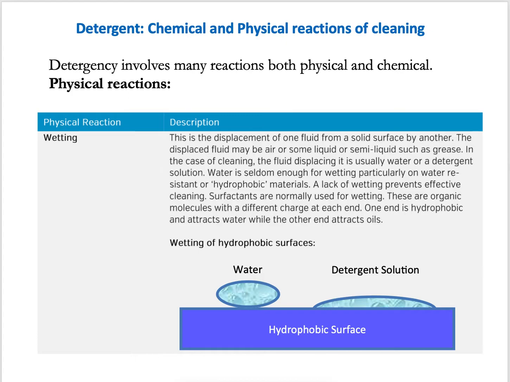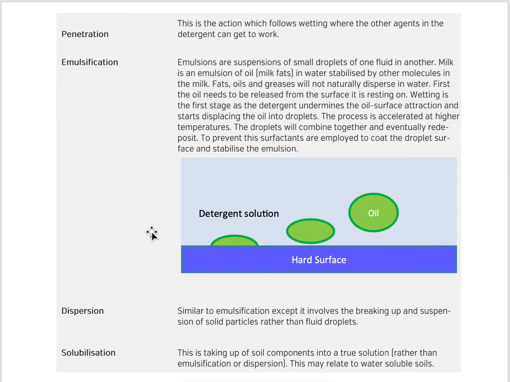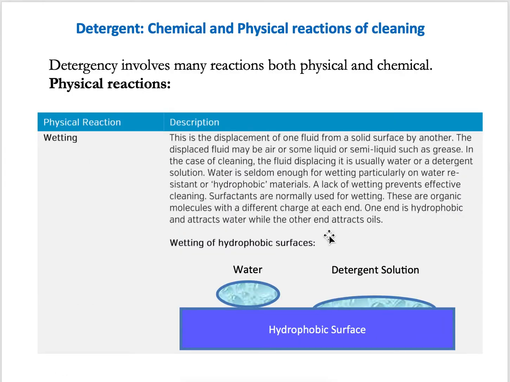Then penetration. Penetration means the detergents do the cleaning. After the wetting effect, the detergent in the water can start its work, that is, start to clean the soils.